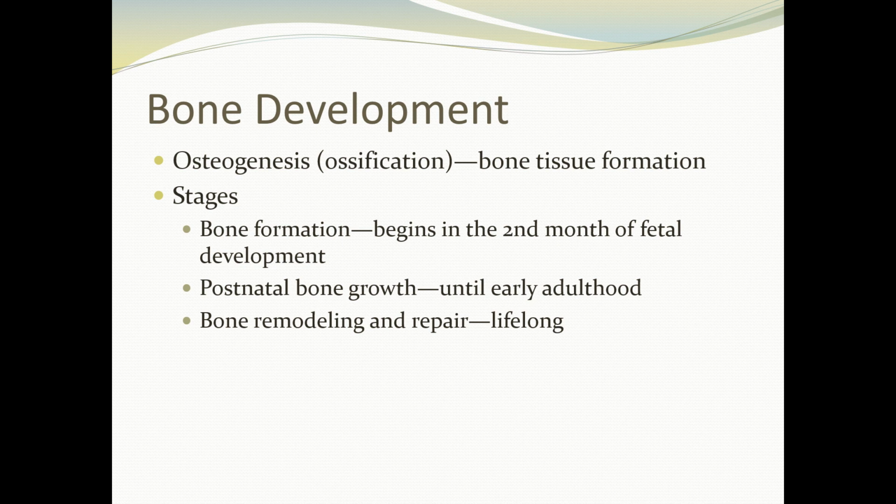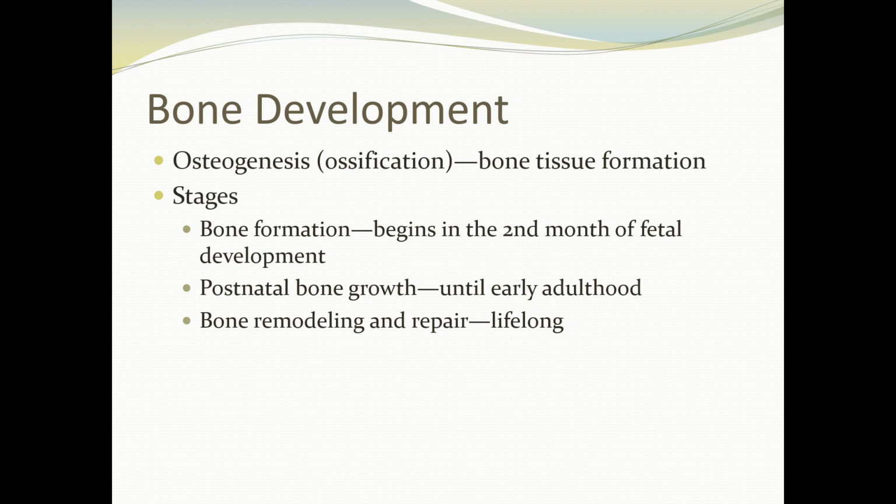It is important that bone development is regulated by hormones and also just fetal development. And so the bone formation will begin in the second month of fetal development, and it's regulated at certain critical points. It will even be to the detriment of the mother if she is lacking in those nutrients. The body will still take whatever is in that body and will give it to those fetuses.